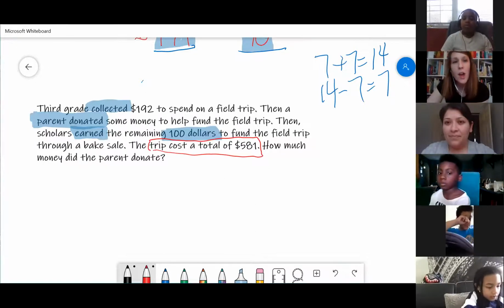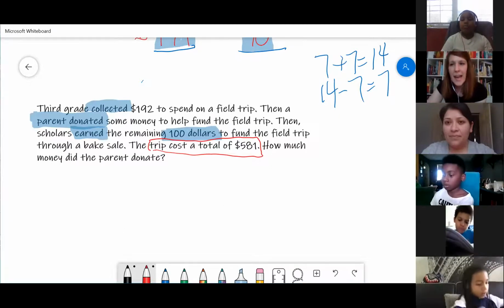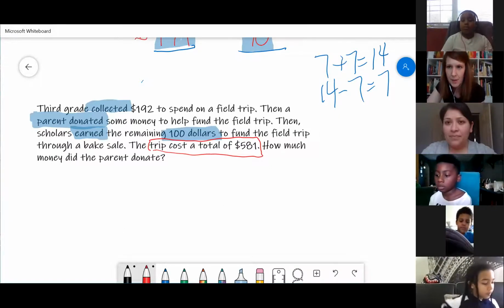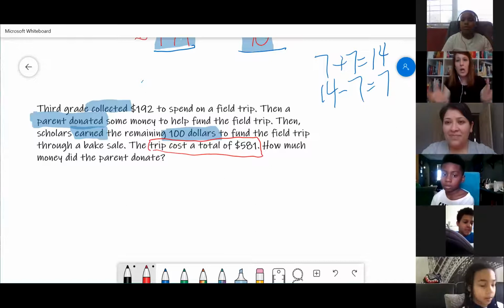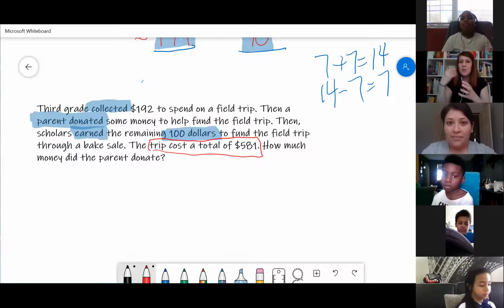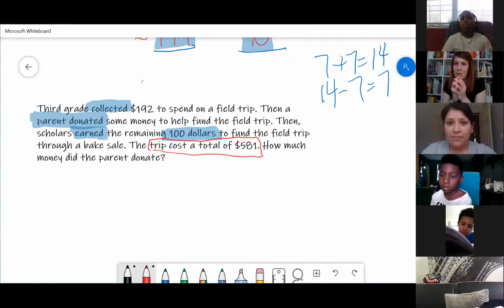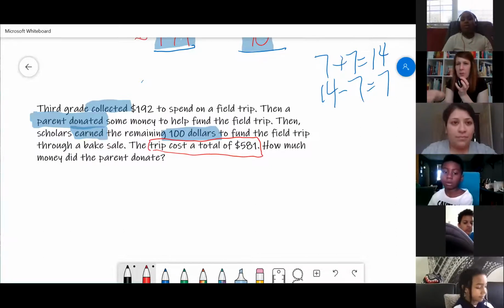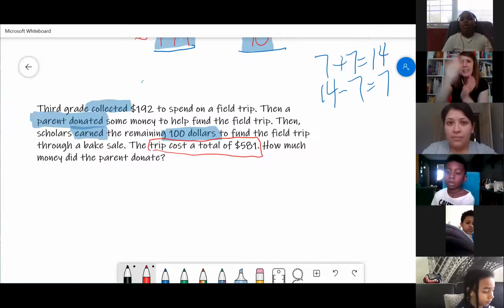Yeah, the action word that we talked about in the very beginning of this is when we're collecting and then they earn some more money. So we've got the collection and the earning, and look how my two hands are coming together to help create that total, right? And so we need one more part, and we've got to figure out what that other part is to get us all the way to 581.